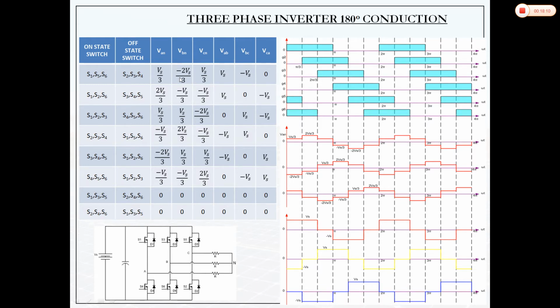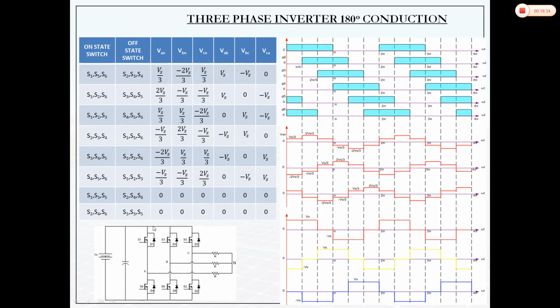One thing you can observe here is that there are a total of 8 states. Each switch has two possibilities, either 0 or 1, that means it will be either on or off. So 2 to the power 3, there will be a total of 8 possibilities. Out of the total 8 possibilities, 6 are active states where we are getting output voltage, and 2 are 0 states.